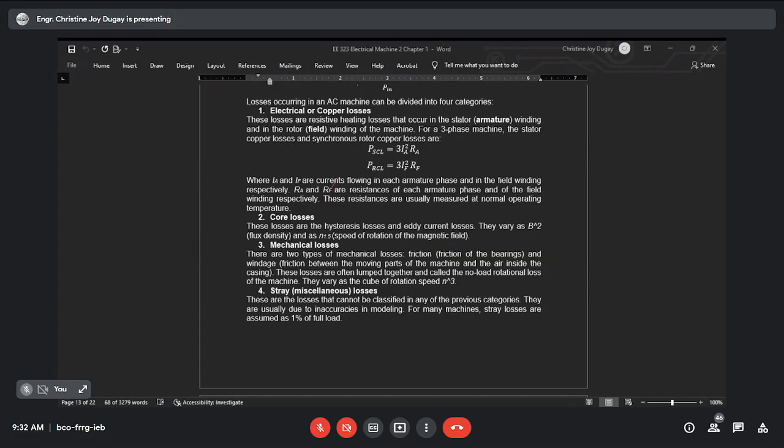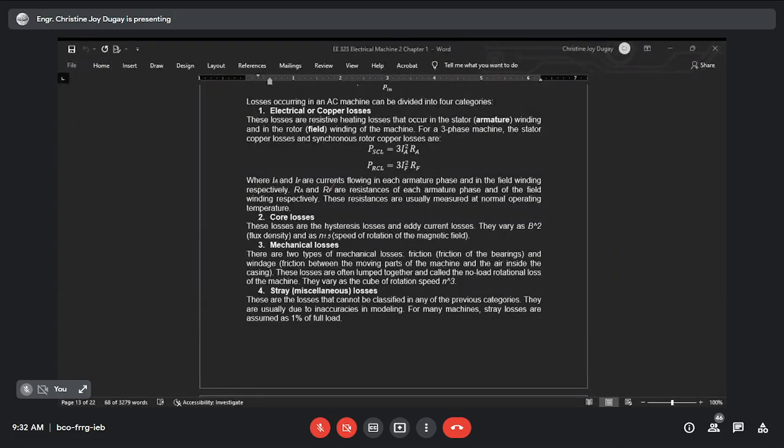Mm-hmm. Where do the hysteresis losses and eddy current losses occur? They are generated from the flux and the speed of rotation. Those are the hysteresis and eddy current losses. While operating, we already have these losses.